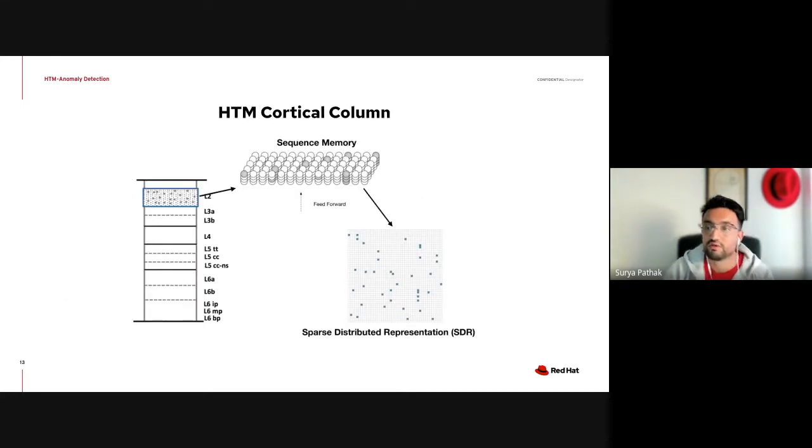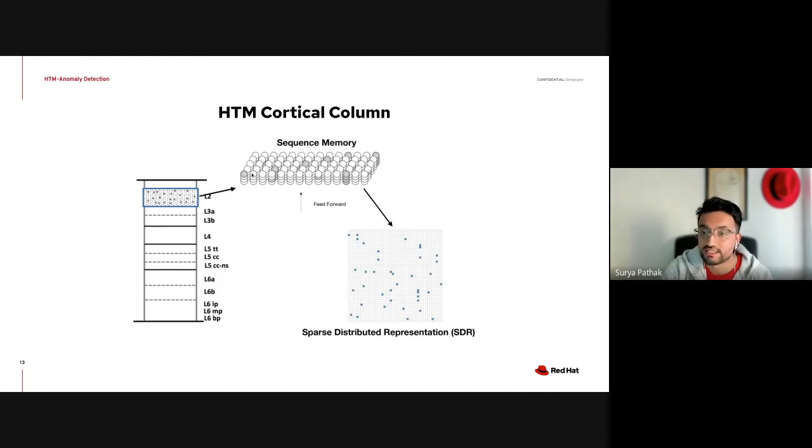If we move on, if we come back to the layers of the cortical column, and we want to mimic these layers of the cortical column with the sequence memory, what we see over here is, let's say these are the layers of neurons in a cortical column, and we take these layers as the layers of different grids, which we compare with the neurons.